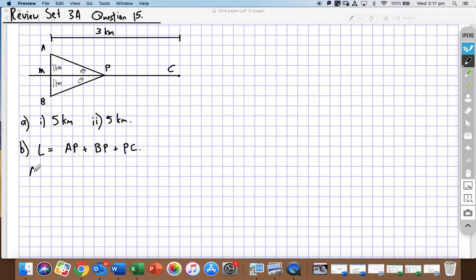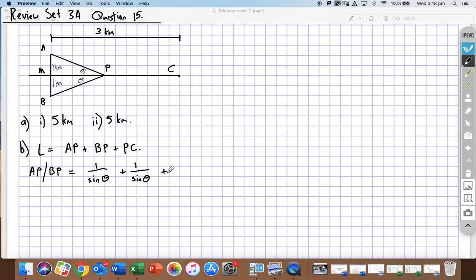Right, so AP and also BP would be 1 divided by sine theta. Okay, so you'd have 2 of those. And then you'd need to think about PC as well.